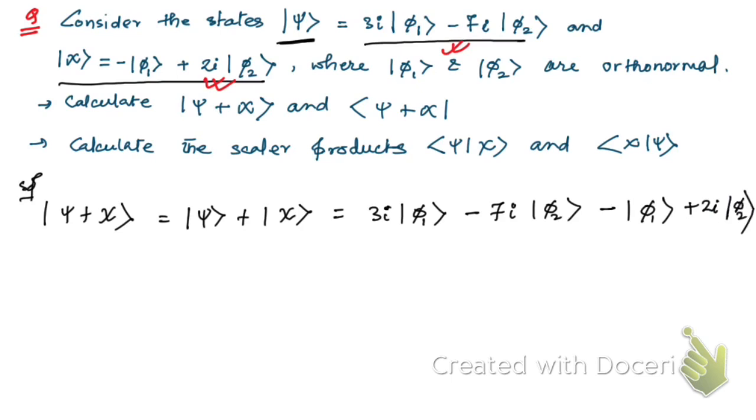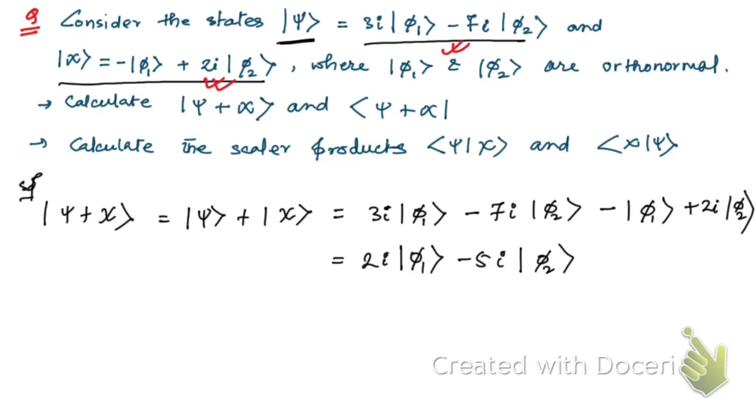Very simple. Now simplify these two: you get 2i ket phi 1, and then minus 5i ket phi 2. That's it, right?